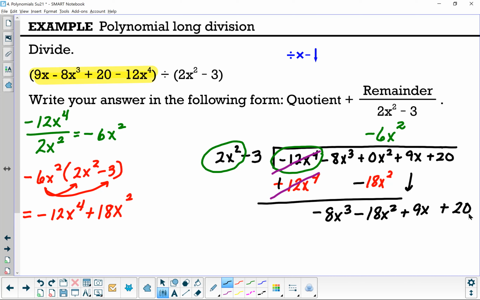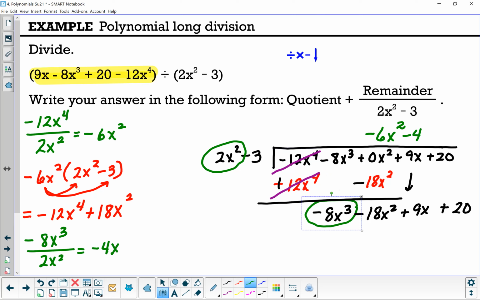All right. Bring it on down and bring it on back. Divide negative 8x cubed by 2x squared. And that gives us negative 4x. So I'm going to put minus 4x in my quotient.